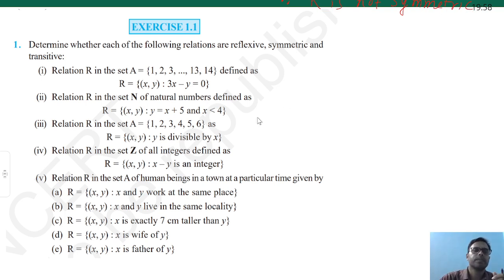Okay, now you see this question: y is divisible by x. I'm taking a new page now for this question.